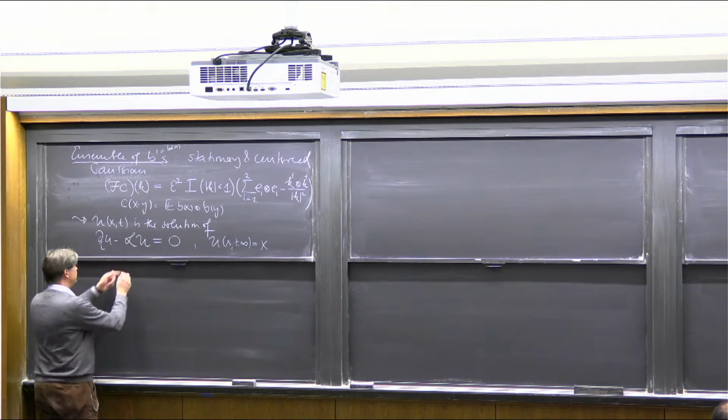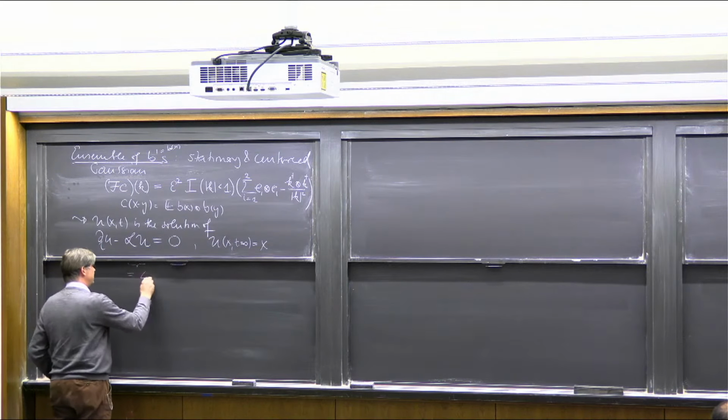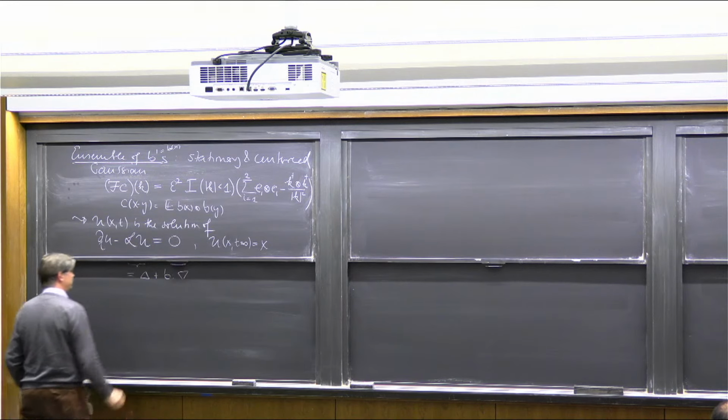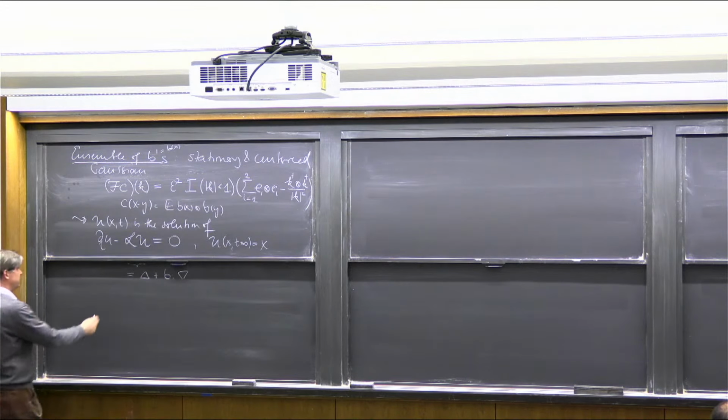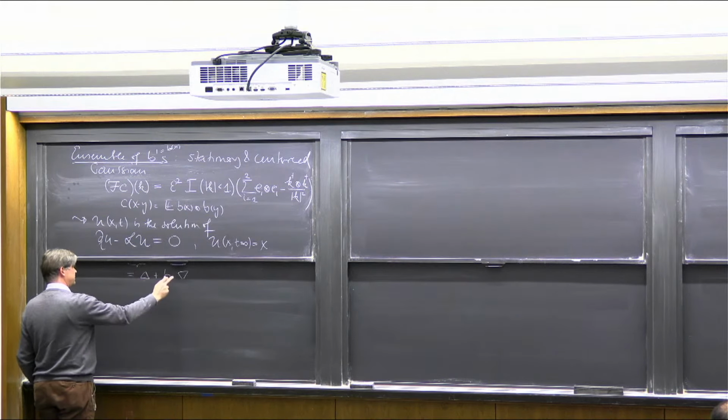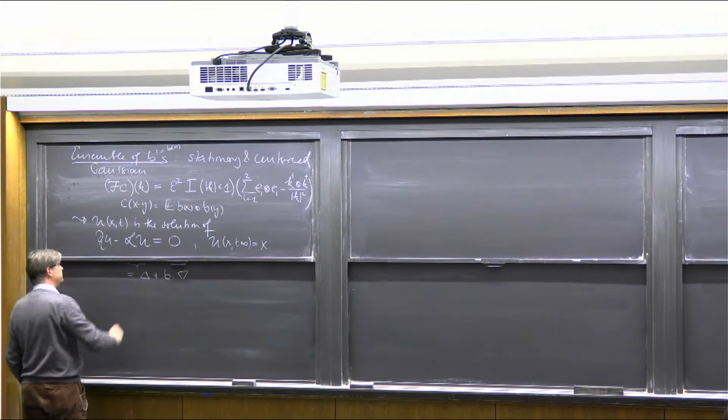And this generator L is the Laplacian plus B dot gradient of u. So that's the generator of the drift diffusion process, with drift in this drift field B.